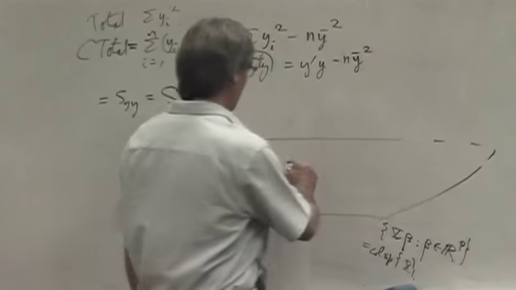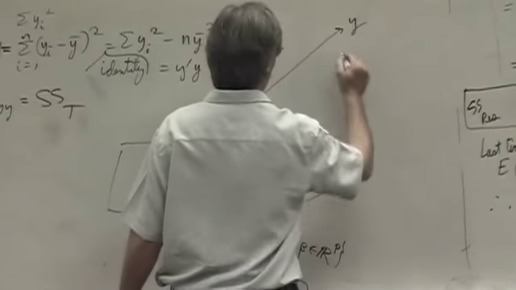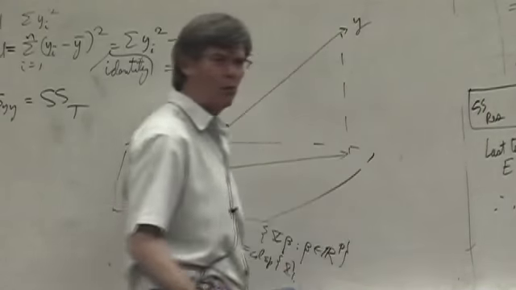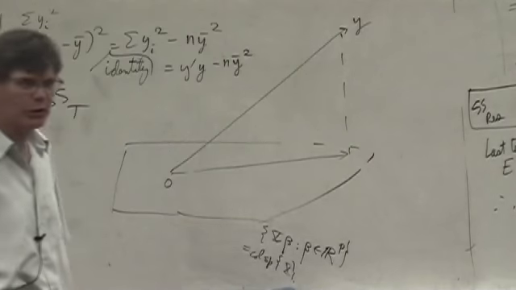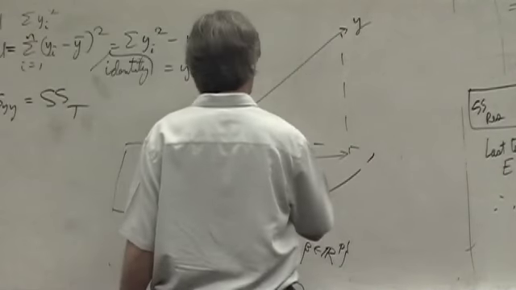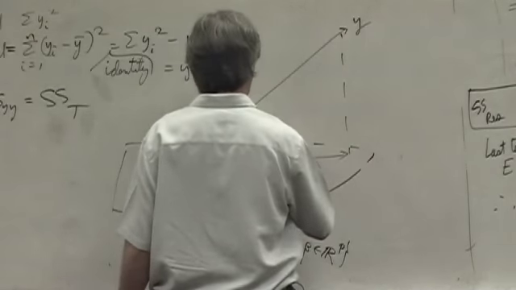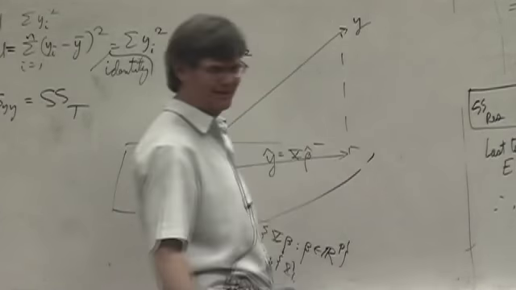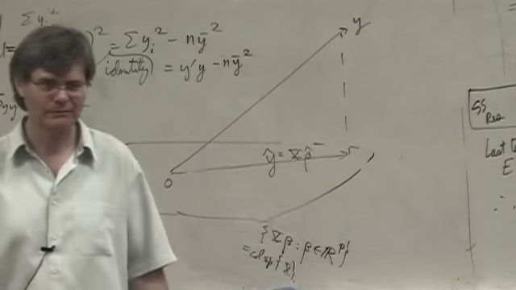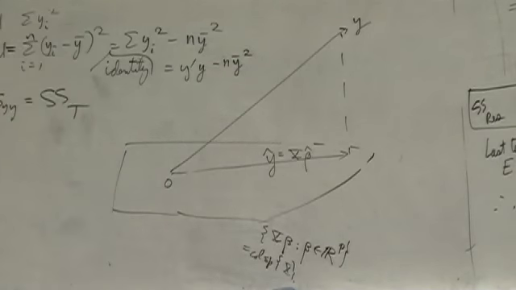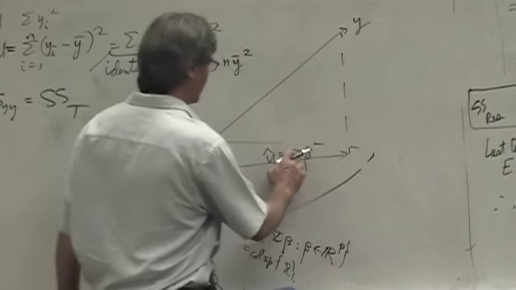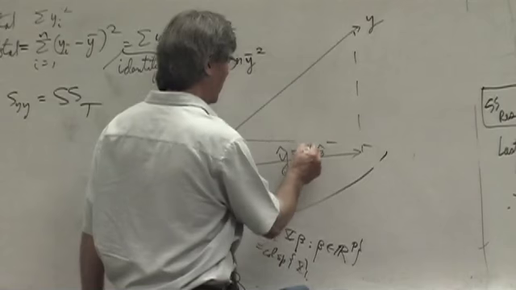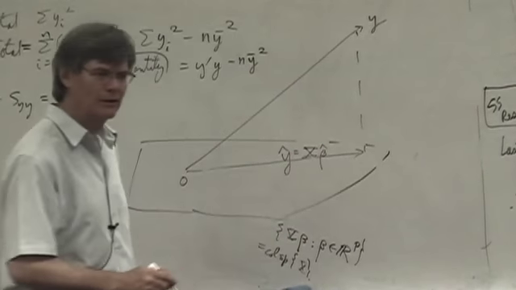Then I draw the vector y. I indicated the projection of y onto this column space, the orthogonal projection, and that's known as y hat. But also, the beta hats are the coordinates of this projection in terms of the basis given by the columns of x.